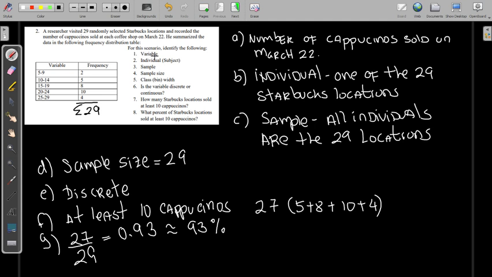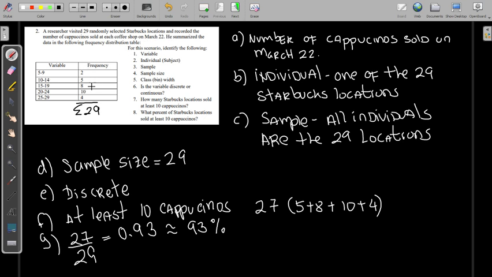They were collecting the number of cappuccinos sold on March 22nd in each of the 29 locations. For example, in this particular entry here, you got 2 Starbucks locations where they sold 5 to 9 cappuccinos. There are 5 locations where they sold 10 to 14 cappuccinos on March 22nd.